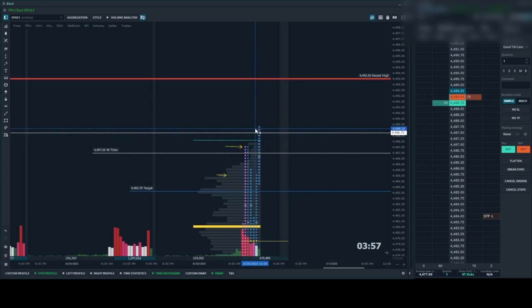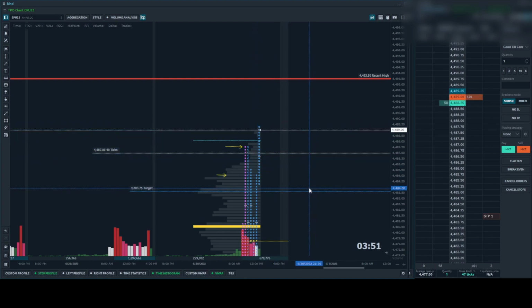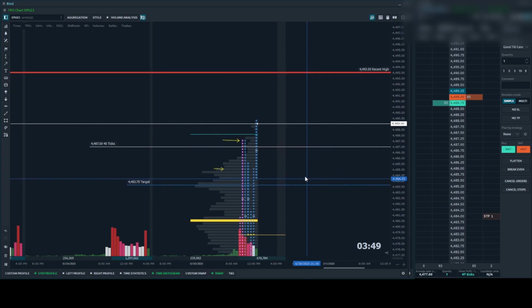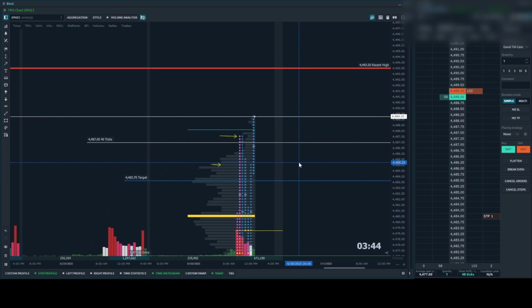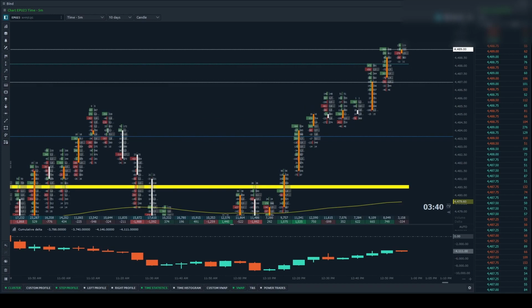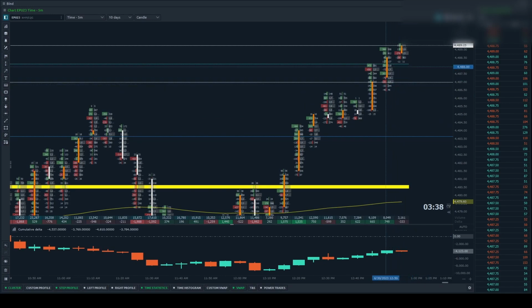See how it's starting to build a little node here. Look at that delta chart again. You can see they're buying this up. That looks pretty good right there.